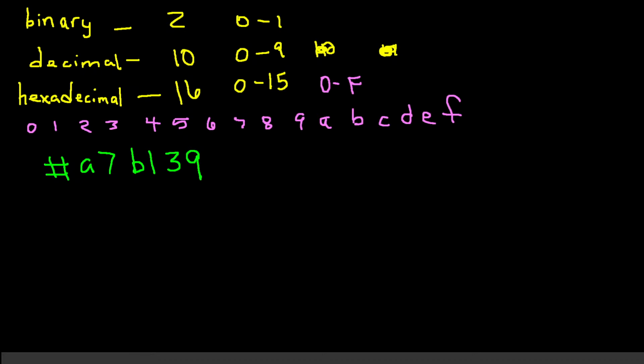And so what this is, we want to think about this not as one code. We want to think about this as 3 smaller codes. 1, 2, 3. And these represent our red values, our green values, and our blue values.